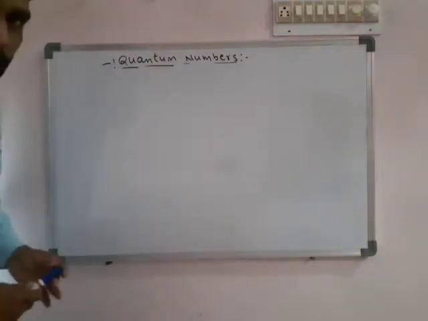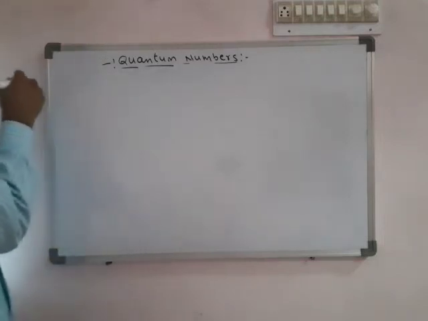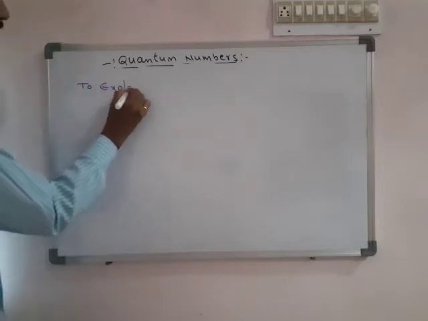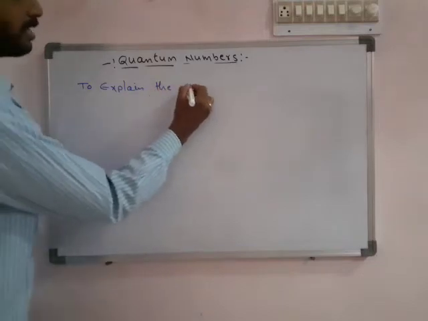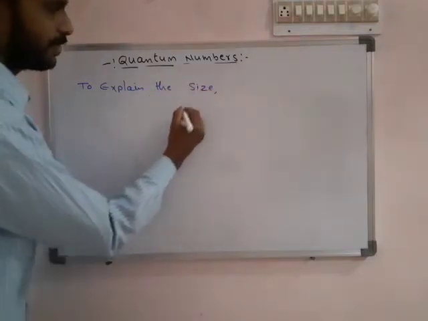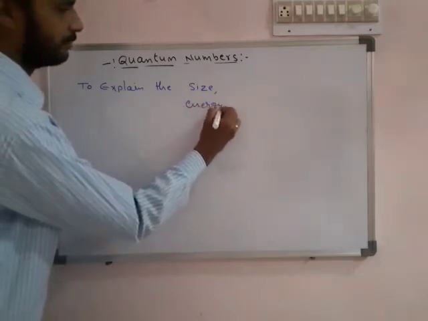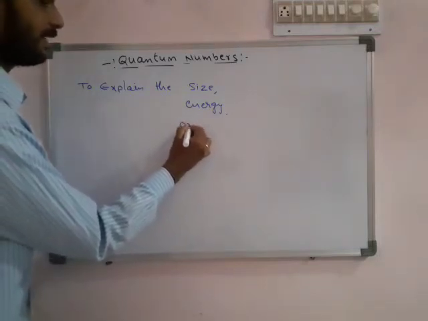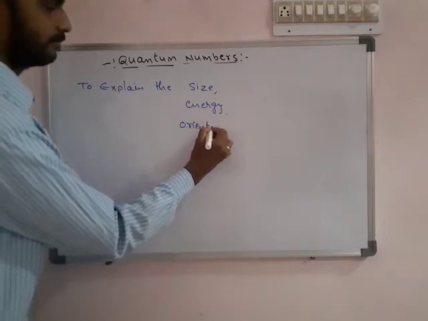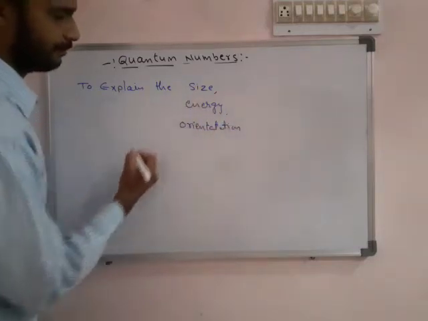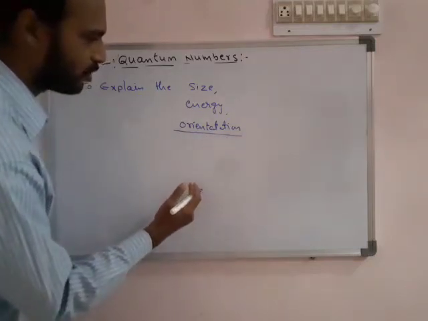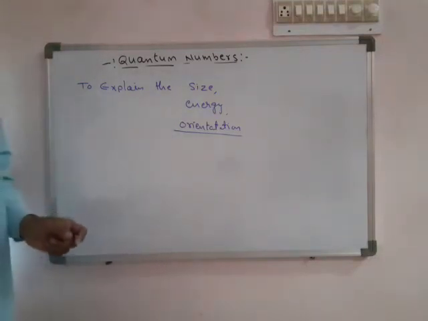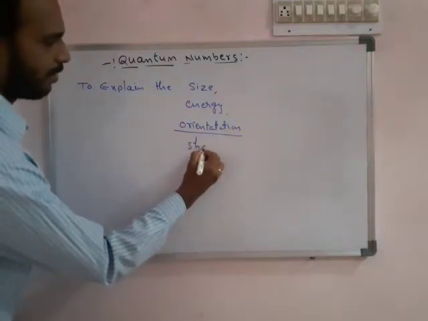So simply we can say quantum numbers explain the size, the energy, the orientation, which means the direction of orbitals where they lie, and even the shape.